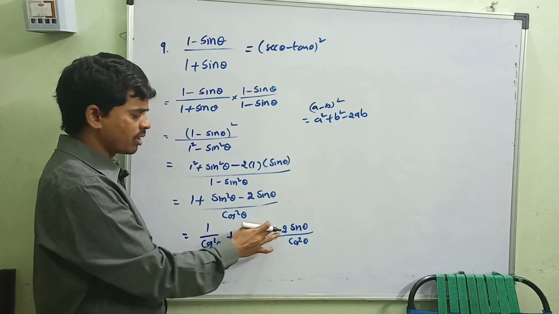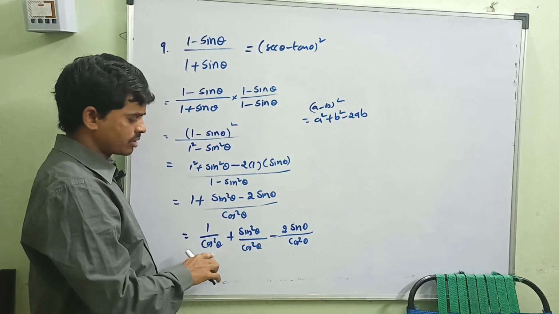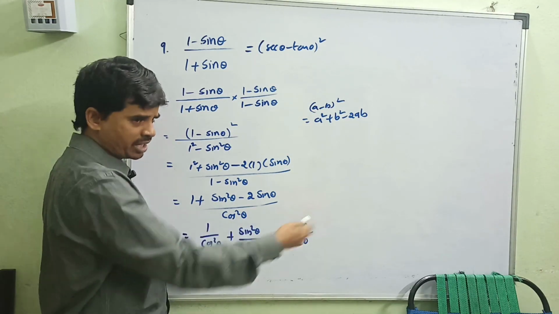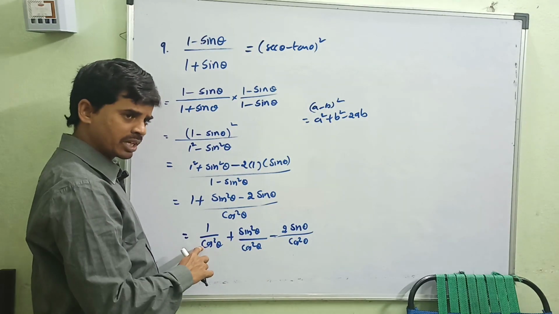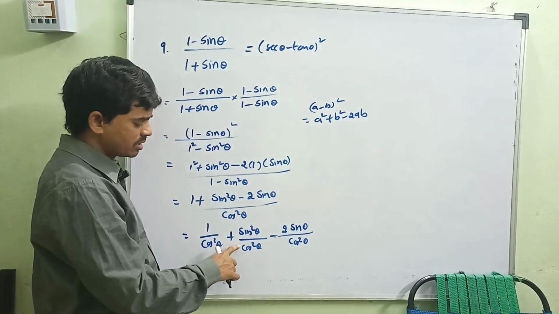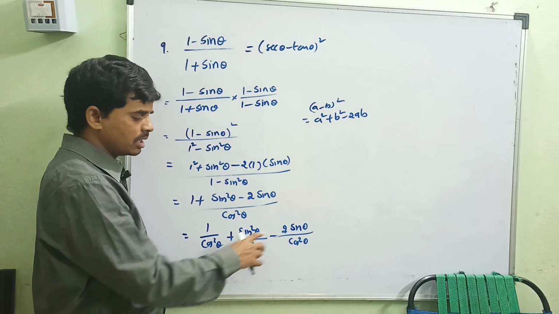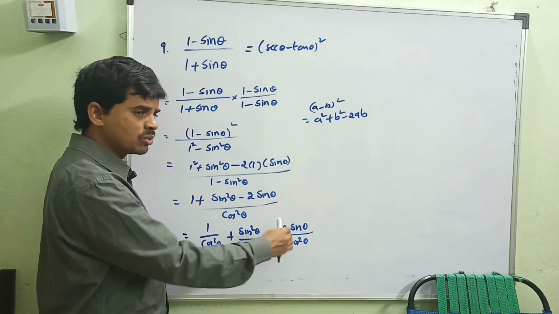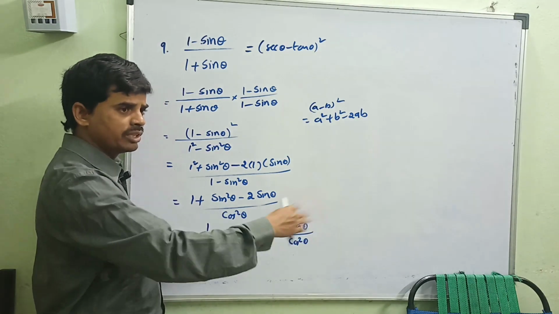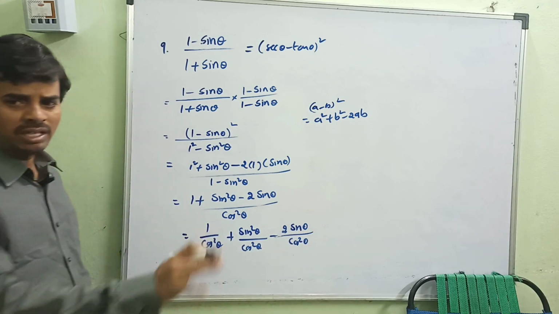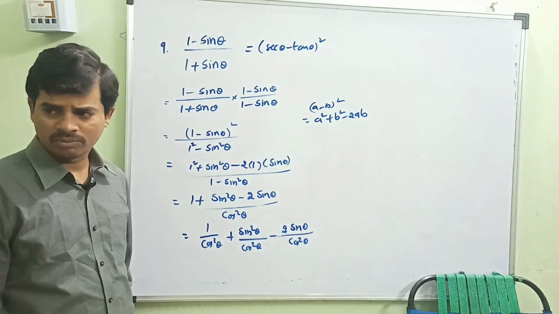We require a square plus b square minus 2ab. Here the first term we got is secant square, the second term is tan square, and after that minus 2 secant tan should come. Then it will be completely in the (a minus b) whole square form.